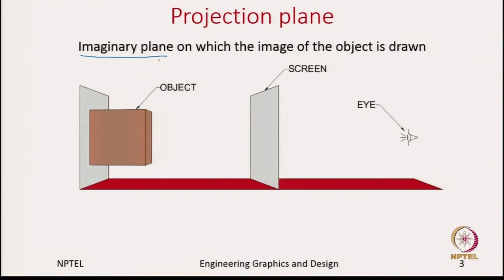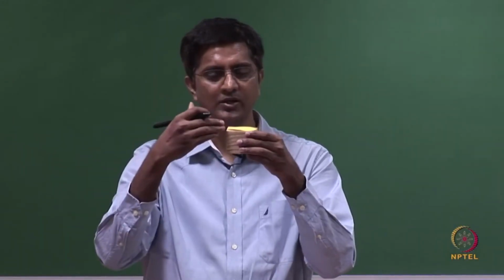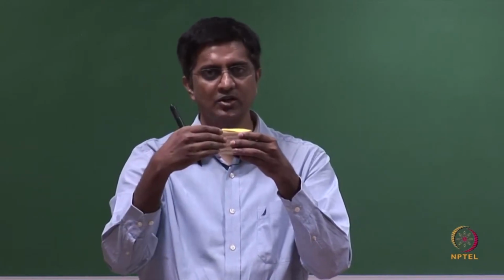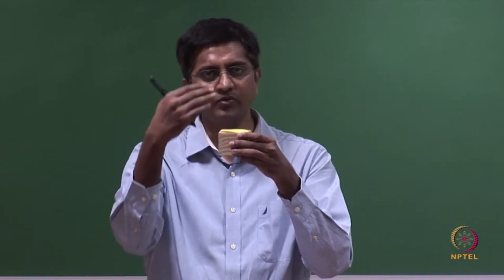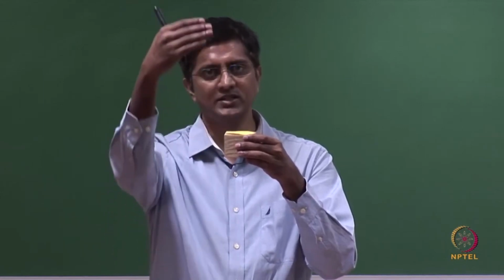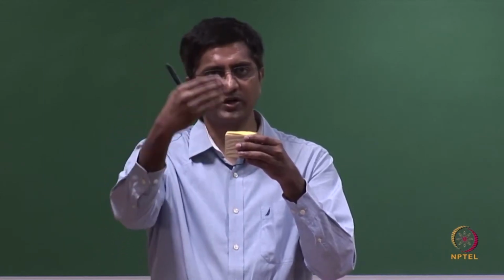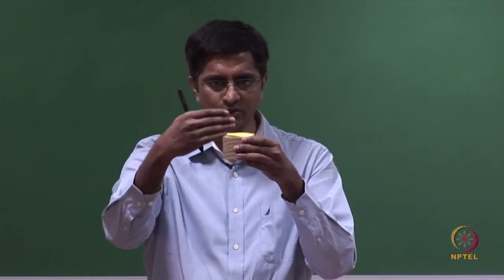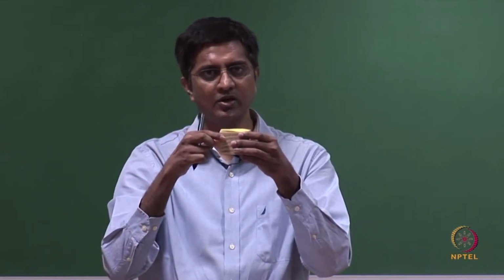Let us say this is made up of glass such that when you look at the object you can still see it. This is the projection plane, which we call imaginary, made up of glass. So, when you see through this projection plane you can see the object.